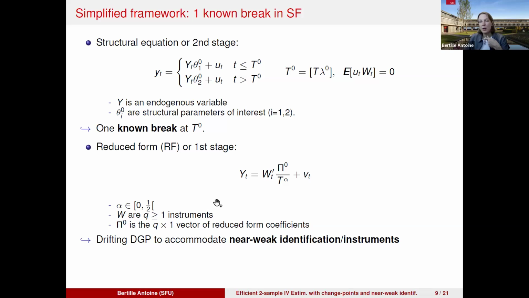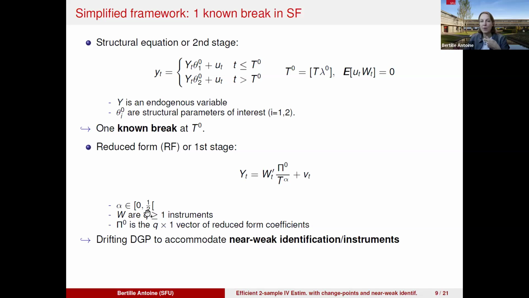Because we want to allow for weaker identification, we use the usual way to model weak identification introduced by Staiger and Stock quite some time ago, where the parameter of your first stage is drifting to 0 at rate alpha, which is not too fast, so that it's not truly weak.